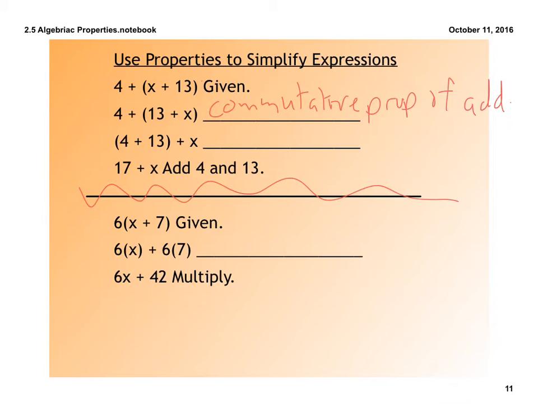And then in the second one, it's the associative property of addition. And then we finish off getting 17 plus x by adding the 4 and the 13. In the second example, we have 6 times the sum x plus 7, and then it's rewritten as 6 times x plus 6 times 7, and recognize that as the distributive property.